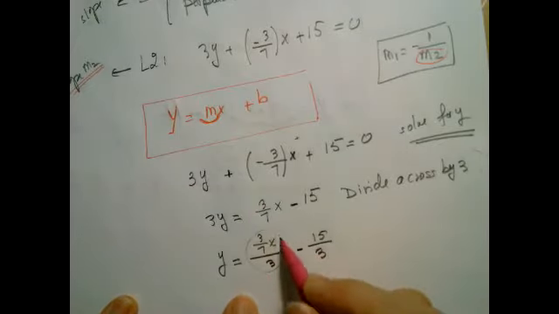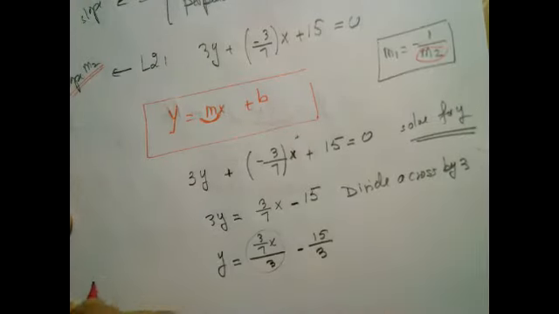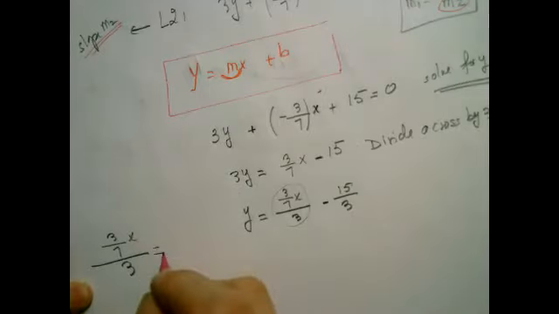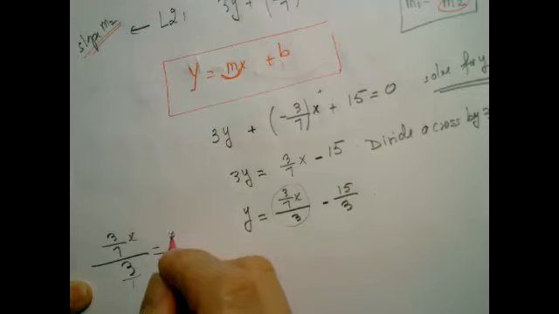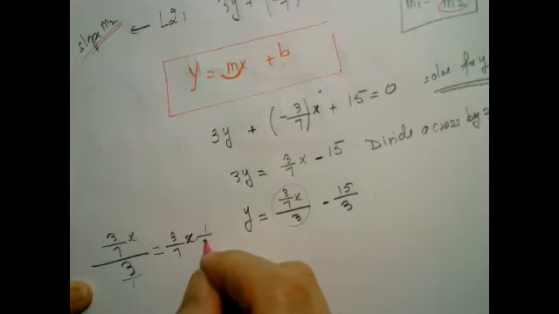Now a little bit of algebra here. Okay, this is a mess, of course. Let us do the algebra here very slowly. 3 over 7 x divided by 3, what is it going to give me? The 3 is 3 over 1. The property of fractions tells me that's 3 over 7 x times a third.